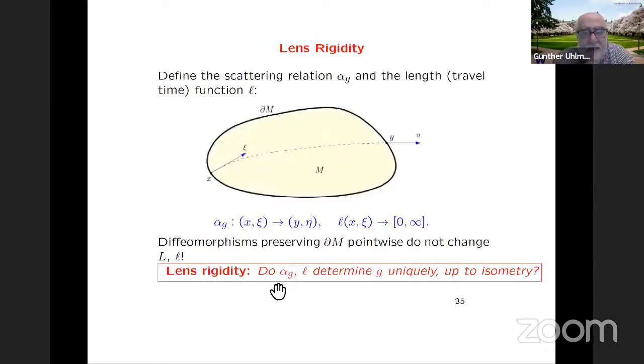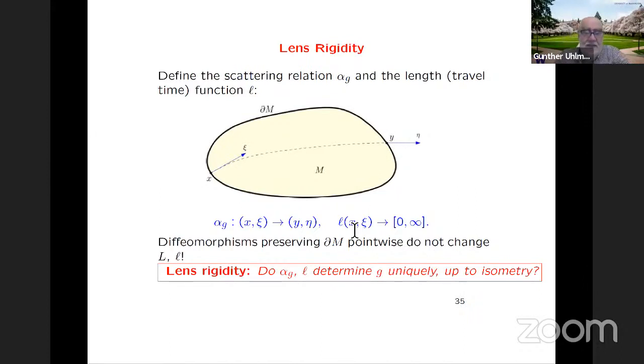Okay, but I will add one piece of information to the scattering relation, which is the distance function itself. So this is a length rigidity problem. We take the scattering relation as before, point and direction of a geodesic. We follow it. We map it to the point of exit, direction of exit, and also we take the length of the geodesic. This is denoted by L here. It's not clear that we actually need that, but it is for the results that I'm going to talk about.